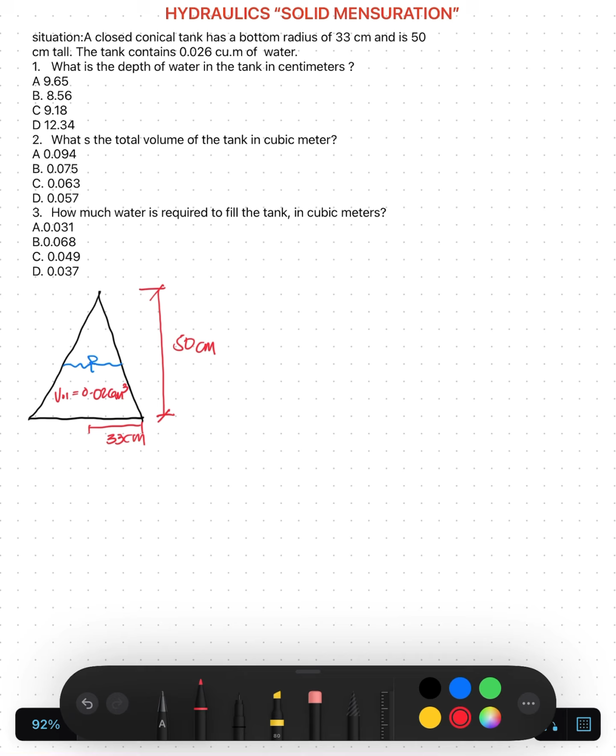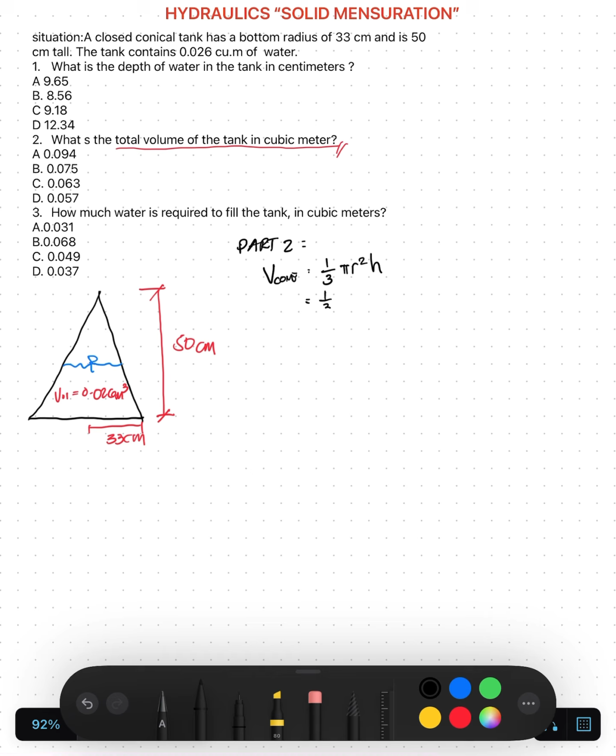Number 1. The first thing that we can actually solve in this problem is item number 2, the total volume of the tank in cubic meters. What is the formula for the volume of a cone? From our solid mensuration, volume of a cone is equal to 1/3 pi r squared h.